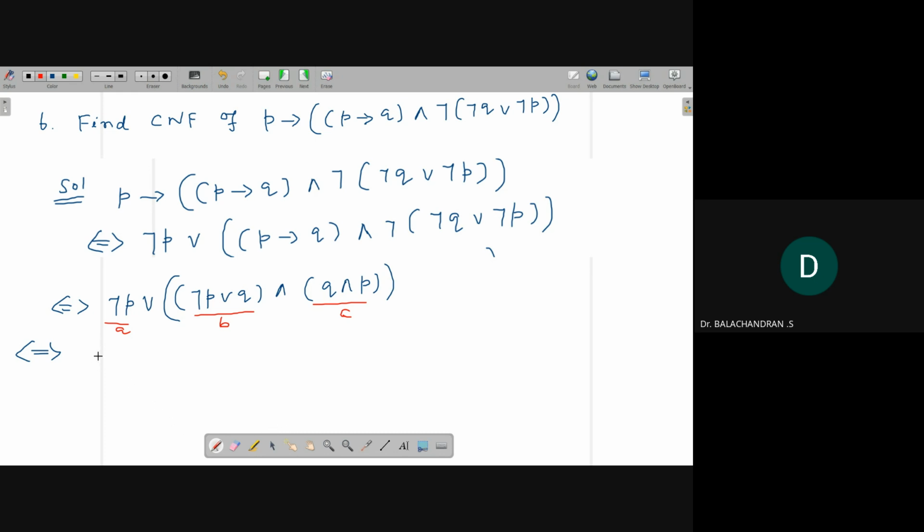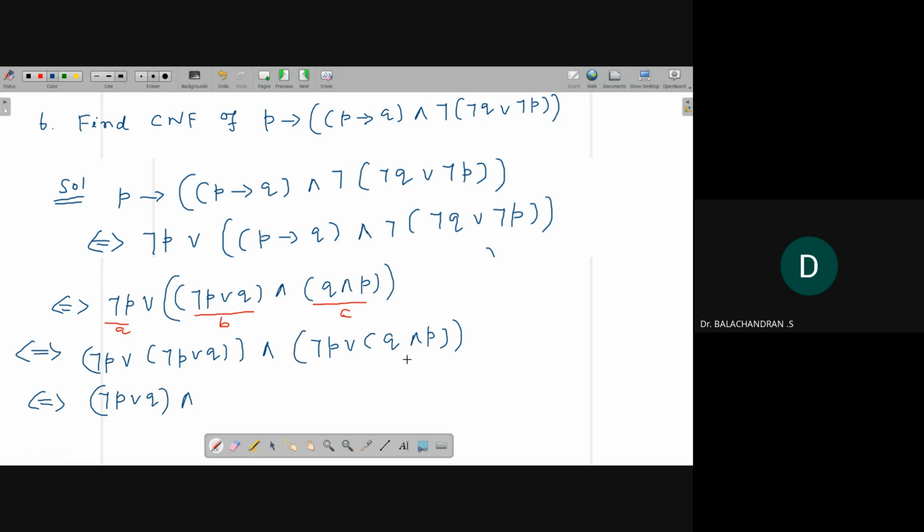Now, A, that is negation P or Q, A or B, and negation P or Q and P, which is equivalent to, so here everywhere R. So negation P or negation P, you'll get negation P or Q, but here R, here you have and.